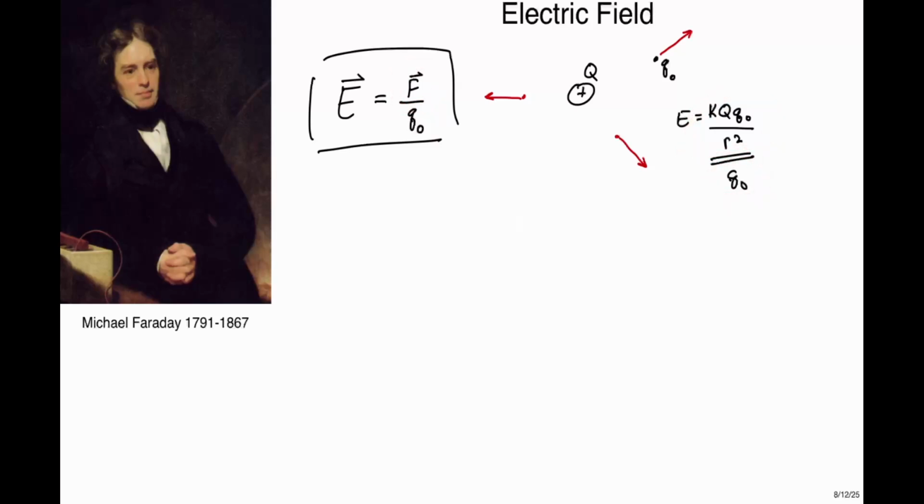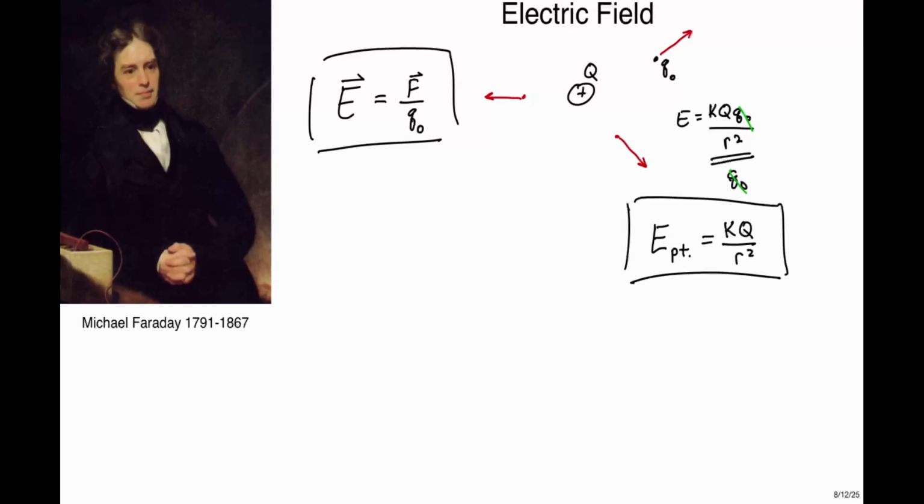Mathematically, what cancels? That's because it's all magic, right? What goes away? It's the Q naught. Boom, boom. And we're left with a statement that says the electric field of a point charge, the electric field of a singular charge somewhere in space is K times Q divided by the distance squared from that point charge.